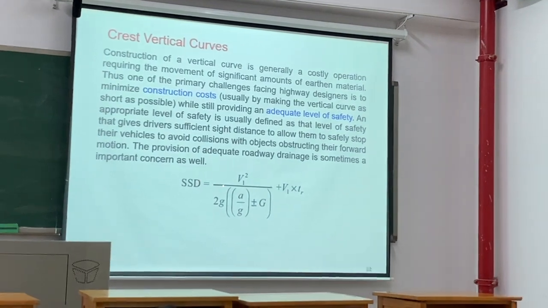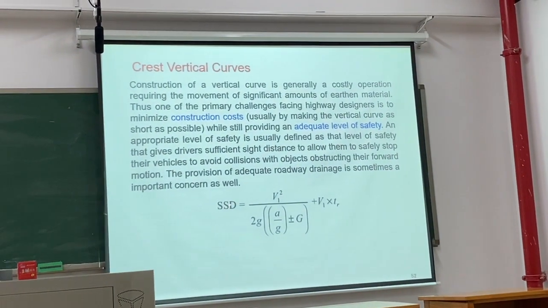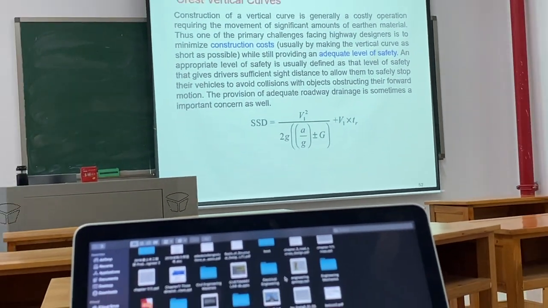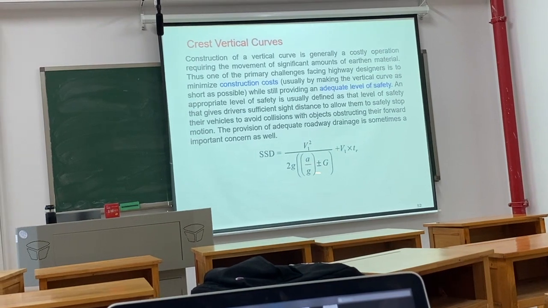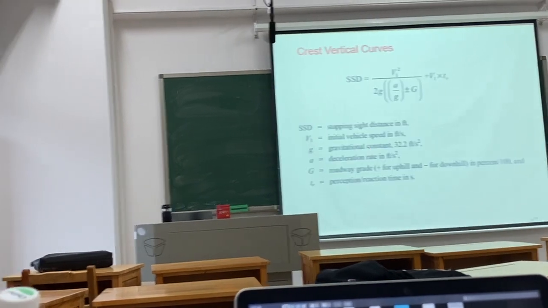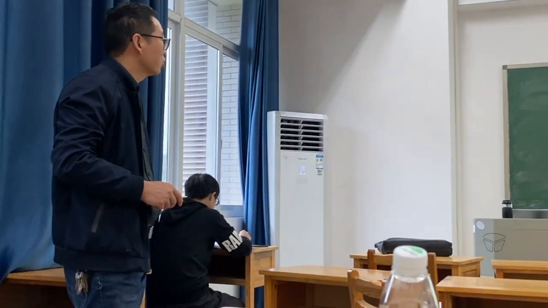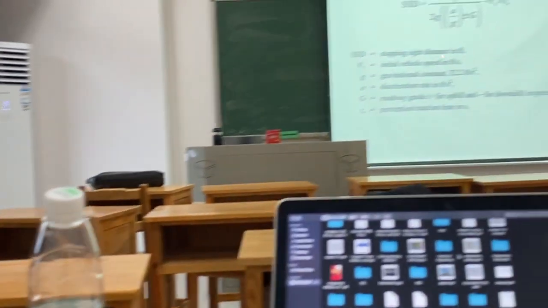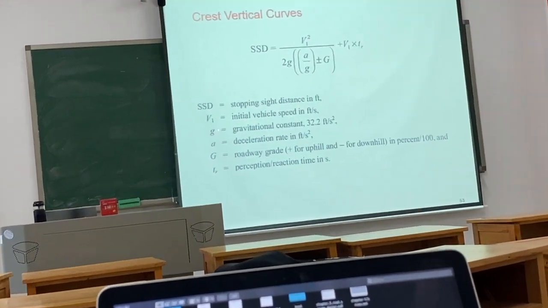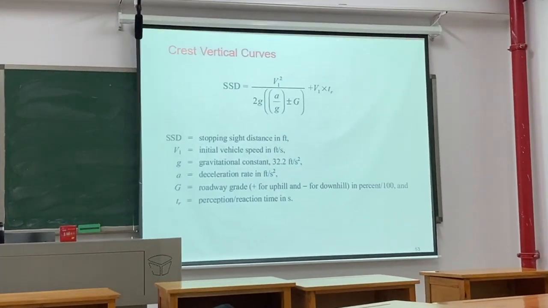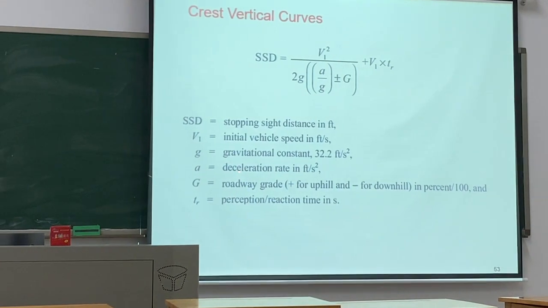We can use this to determine SSD, stopping sight distance, like this. SSD, stopping sight distance: V1 is the initial vehicle speed. g is the gravitational constant. a is the deceleration rate.